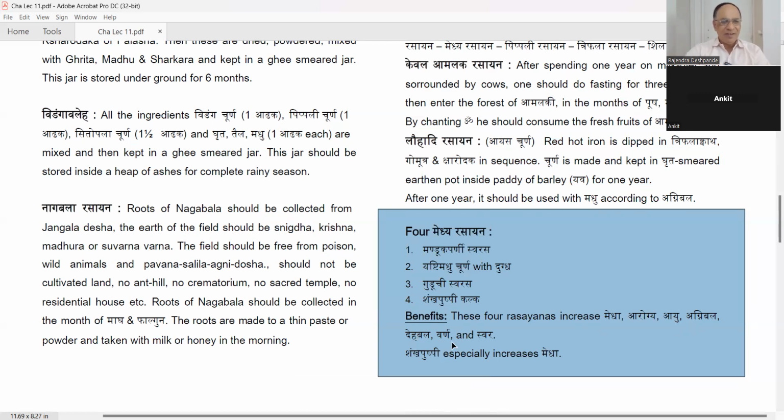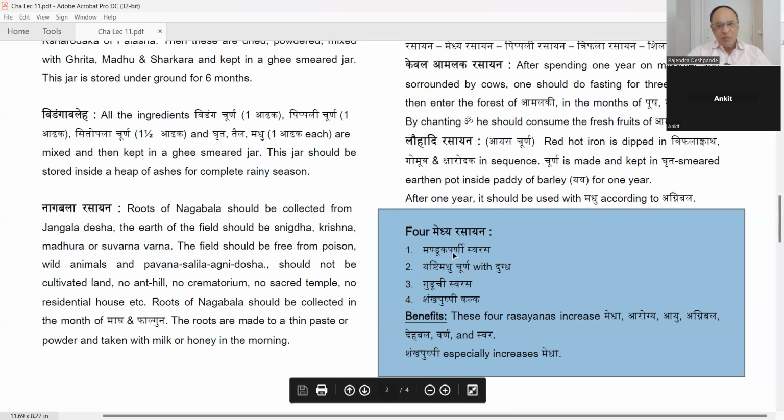Varna and Swara. Our voice is an indication of our health. Voice is very important, and so that is Swara, and Varna, color and complexion. Shankapushpi, especially among all these 4, increases the Medha most. So Shankapushpi is a very, very important Dravya.